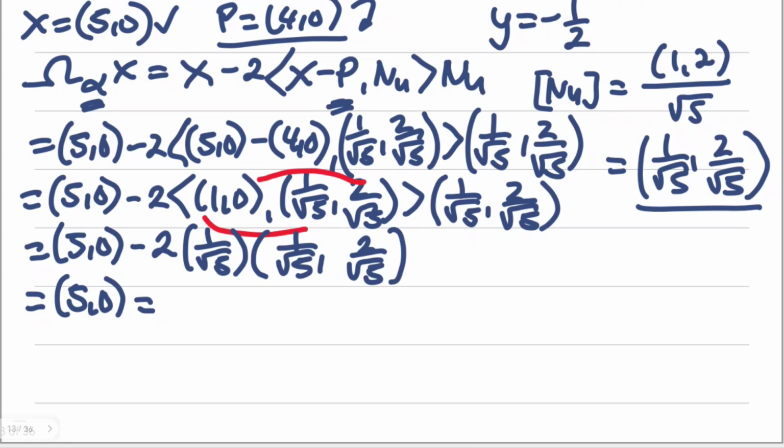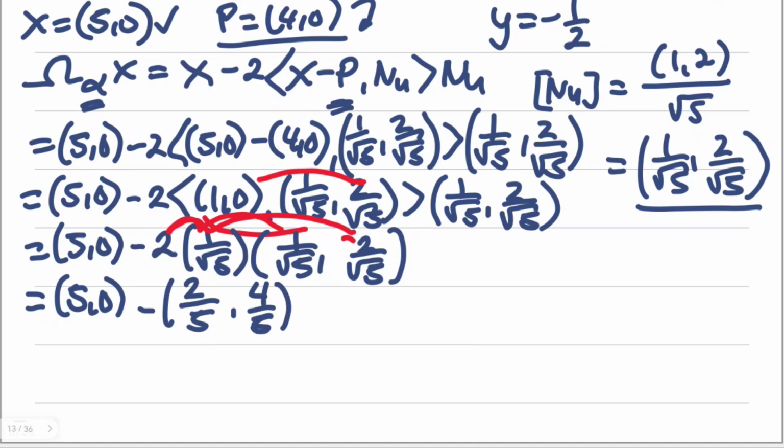By multiplying the scalar, you will have 2 times 1 times 1, so you get 2 over the denominator, which is rationalized: square root of 5 times square root of 5 is actually 5, or 2/5. And then for our second, 2 times 1 times 2 is actually 4. Sorry for that. 4, and the denominator is still 5.